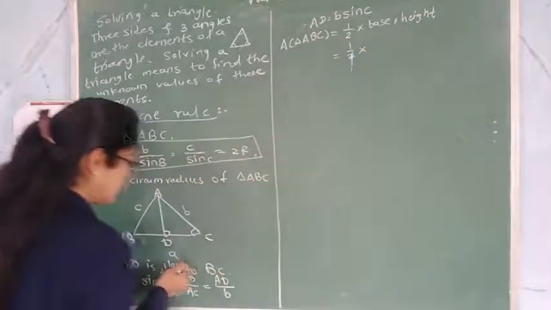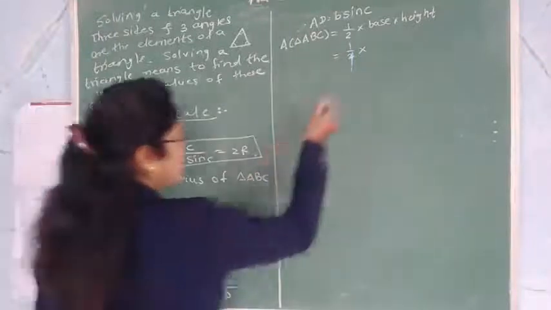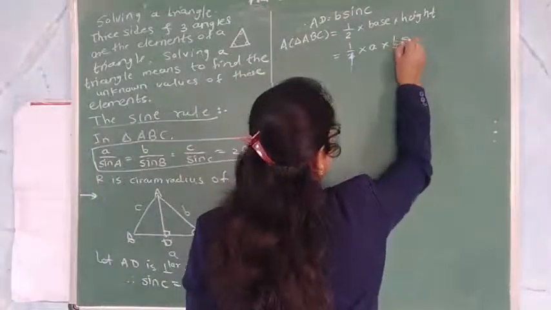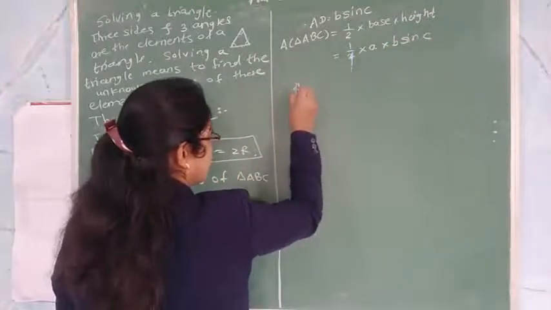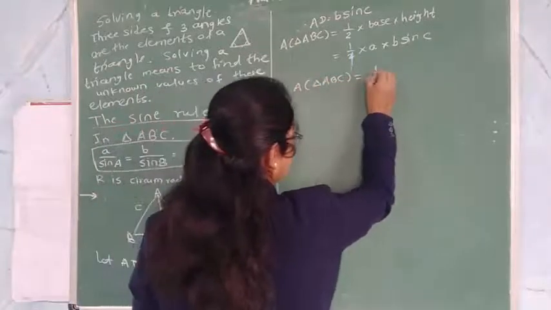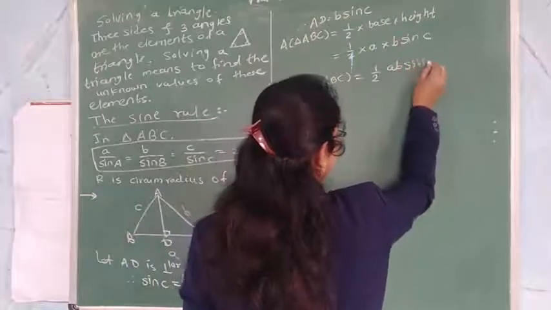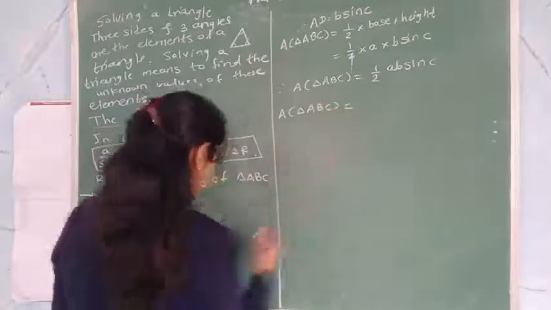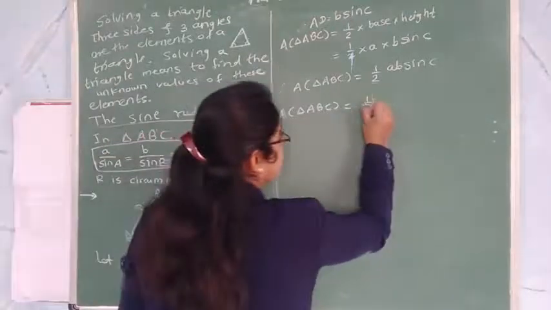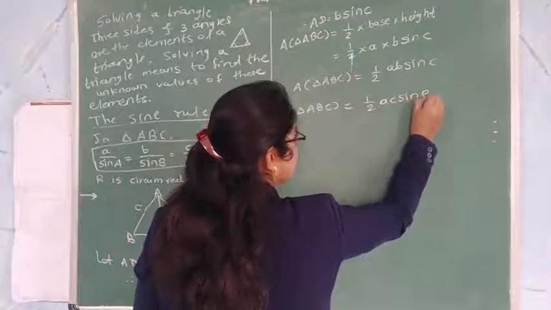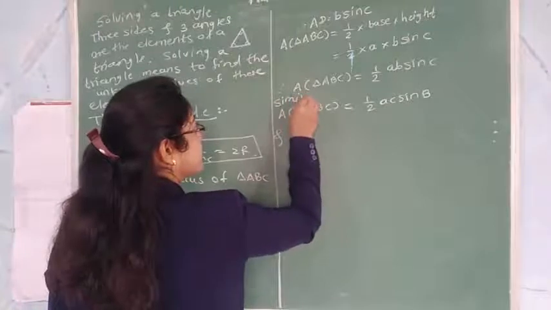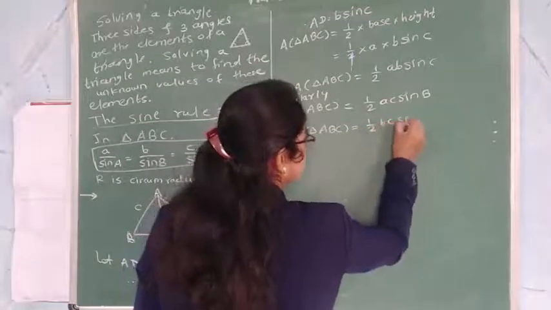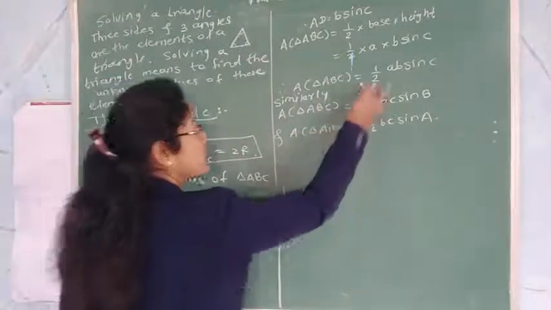The base of this triangle is BC, whose length is small a, and the height is AD, which is b sin C. Therefore the area of triangle ABC is 1 by 2 ab sin C. Similarly, we can find the area of the triangle using angles B and A: 1 by 2 ac sin B, and 1 by 2 bc sin A. The LHS is the same, so the RHS is also the same.